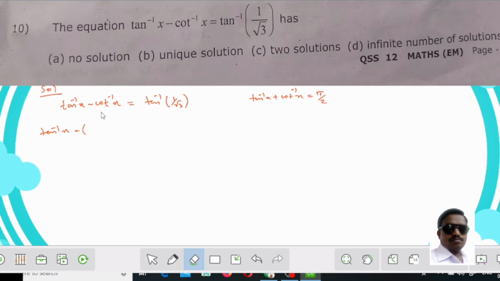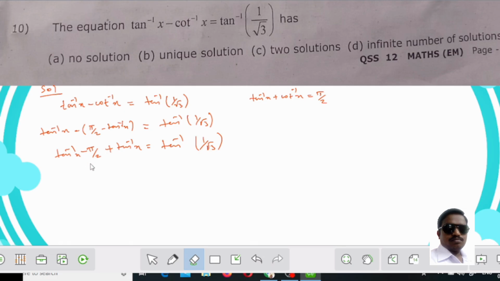So you replace cot inverse x with pi by 2 minus tan inverse x, which is equal to tan inverse of 1 by root 3. If you multiply the minus into the bracket, tan inverse x minus pi by 2 plus tan inverse x equal to tan inverse of 1 by root 3.